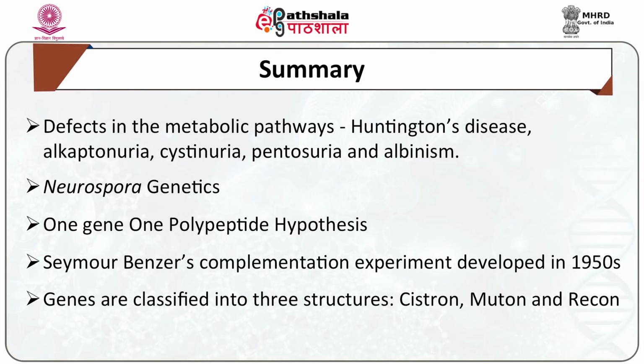Sickle cell anemia has not been eliminated by natural selection because of the advantages to the heterozygous individual. Certain diseases like Huntington's disease, alkaptonuria, cystinuria, pentosuria, and albinism are due to defects in the metabolic pathway.